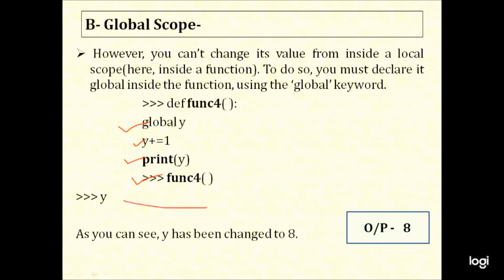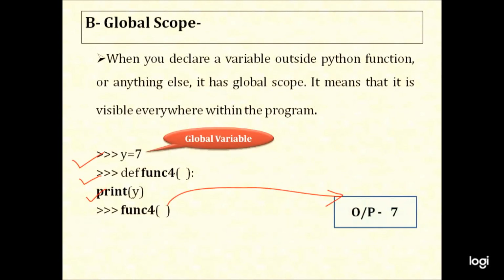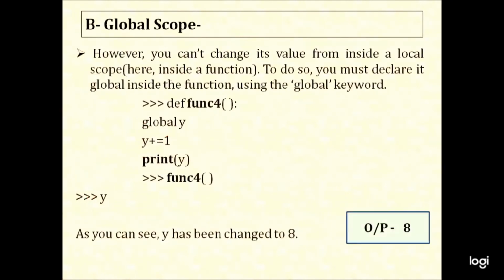You can see the value increased by 1. You have seen the value of the global variable was 7 here, but after updating it becomes 8.